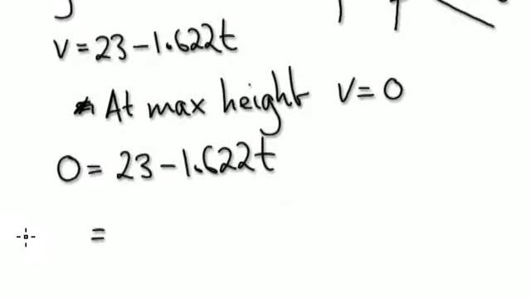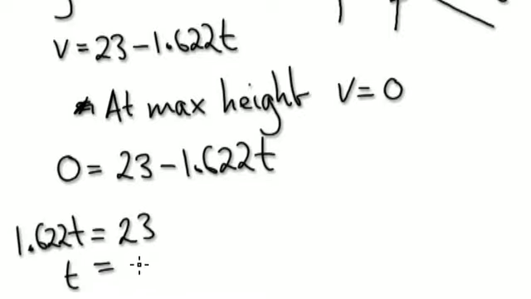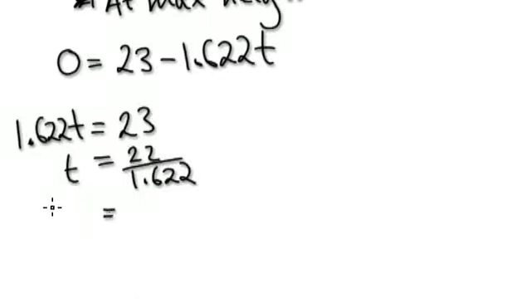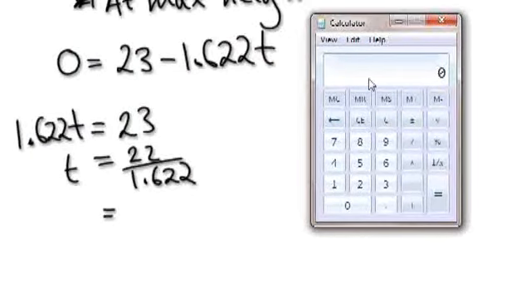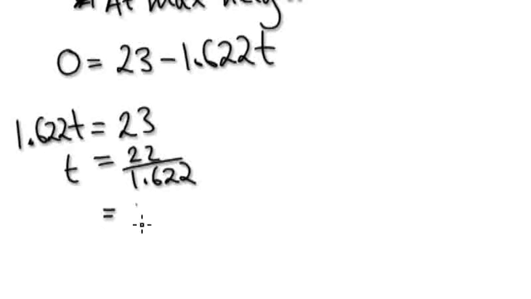So add 1.622 t to both sides, then divide both sides by 1.622. So 23 over 1.622. Calculator: 23 divided by 1.622 equals 13.56.